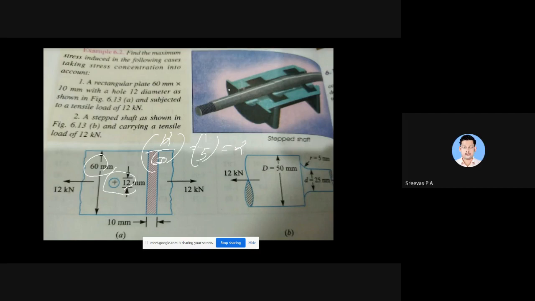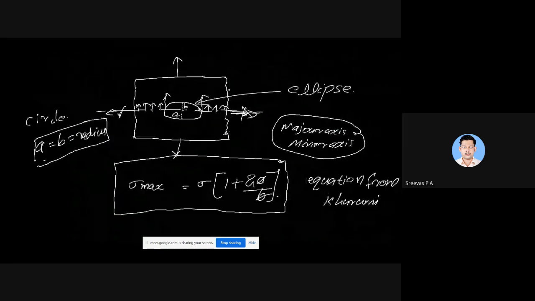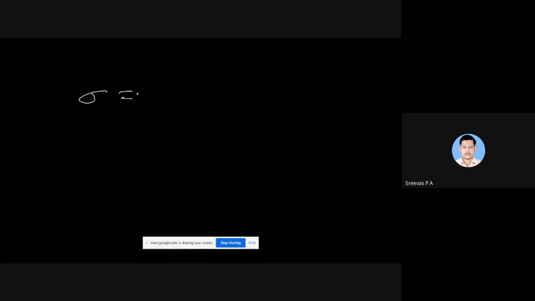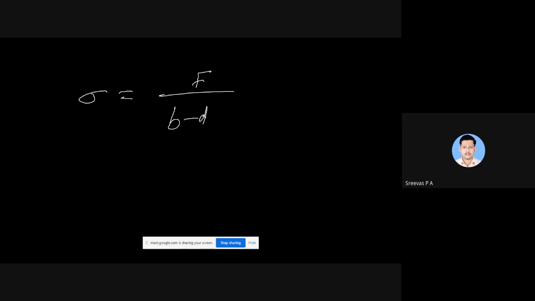Will it be 60? 60 will not come. That is the issue. Because the material is not complete there, you have one hole there. So you have to calculate sigma equal to force divided by (B minus D) into T. This B is the total width of that plate, D is the diameter. Material is there only in that much space, the rest is the hole, isn't it? Okay. In this manner, you have to calculate. You will get 25 megapascal as stress.